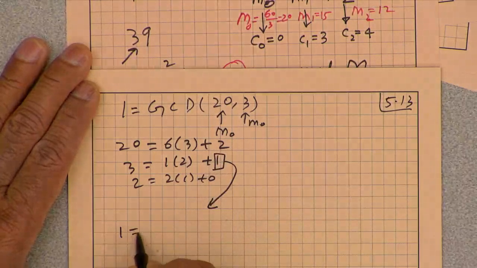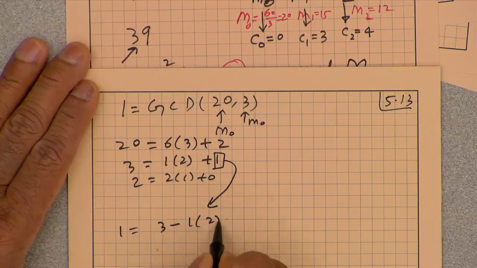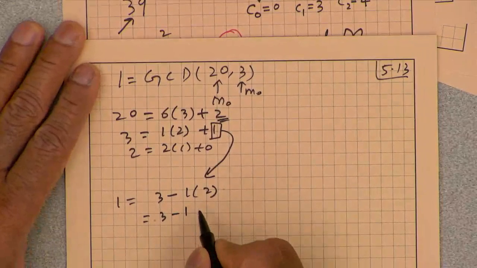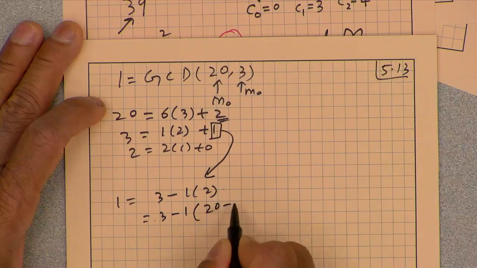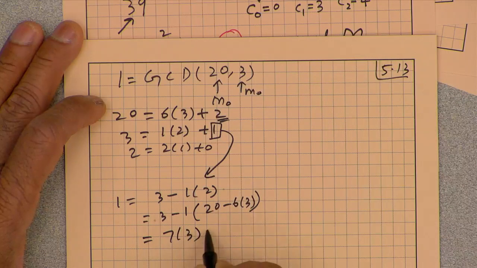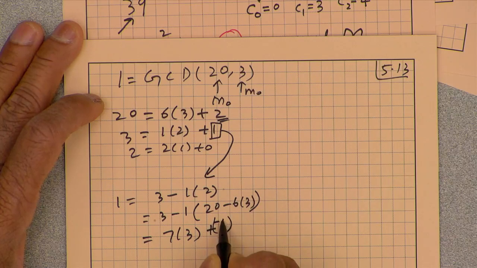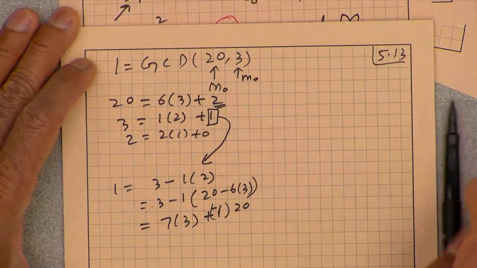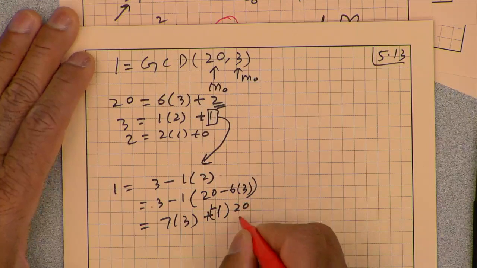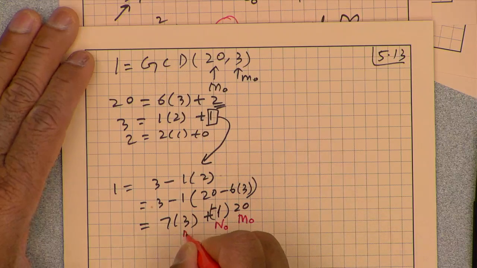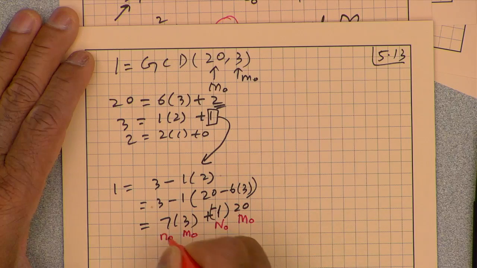So 1 is equal to 3 minus 1 times 2, then substitute the previous remainder, 20 minus 6 times 3, which gives 7 times 3 plus minus 1 times 20. So this is N0.